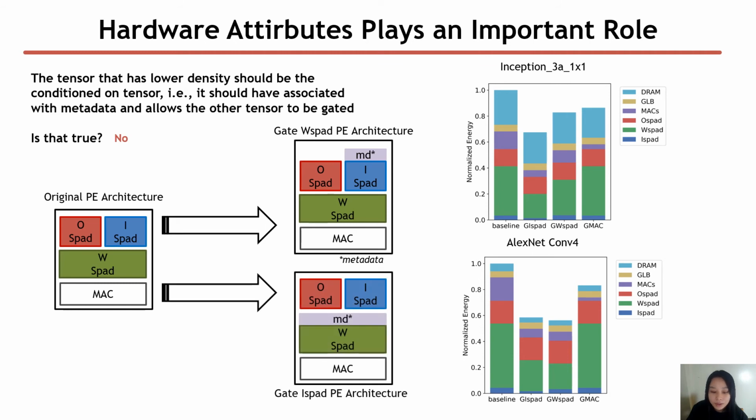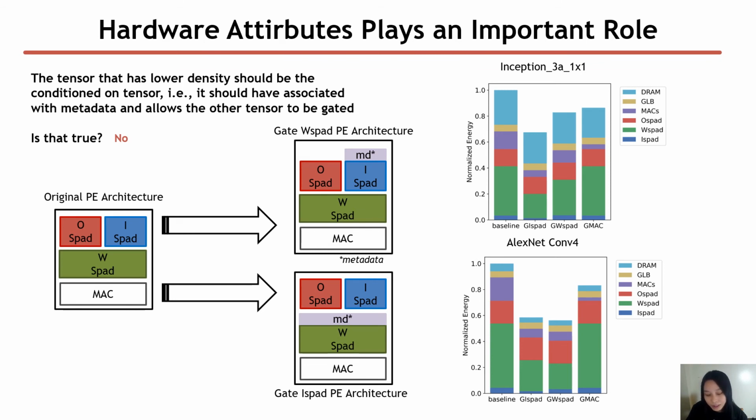Now, if we want to gate input scratch pad, this is the architecture that we need. We will essentially need to have storage for metadata for the weights stored in the weight scratch pad. As you can see, we have a larger weight scratch pad in our architecture, so we then have to have a larger metadata scratch pad to store the associated metadata.